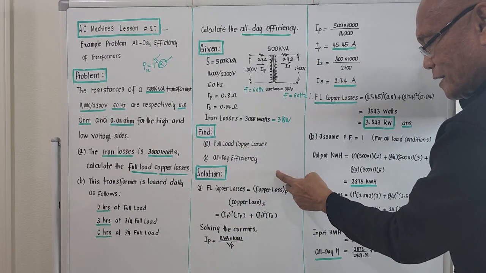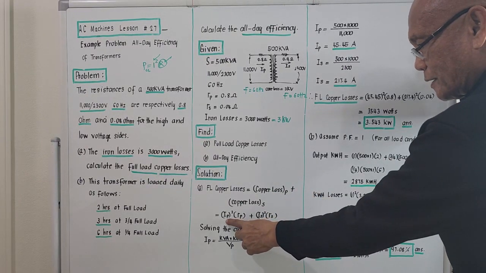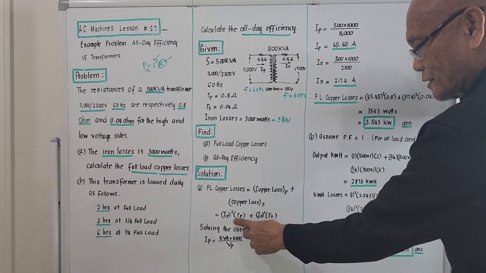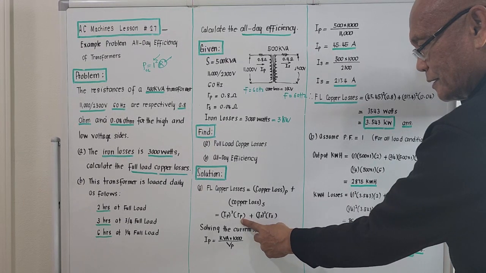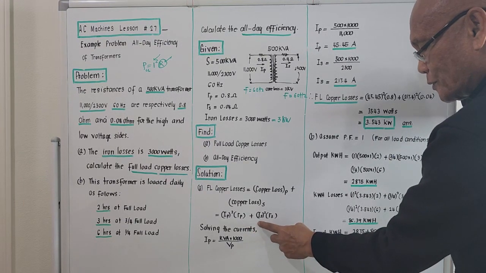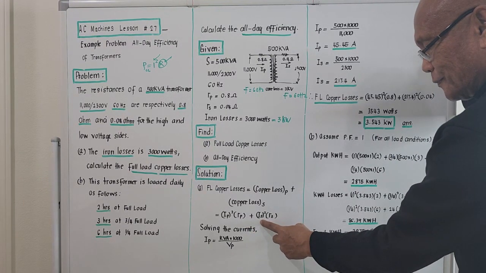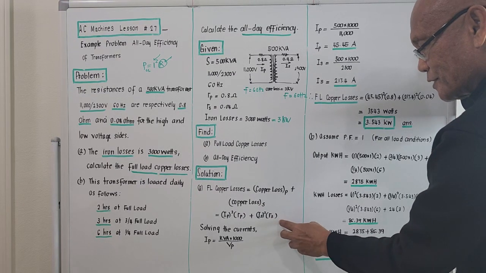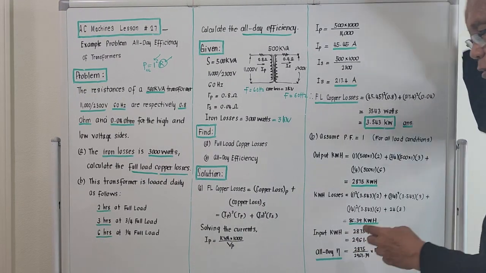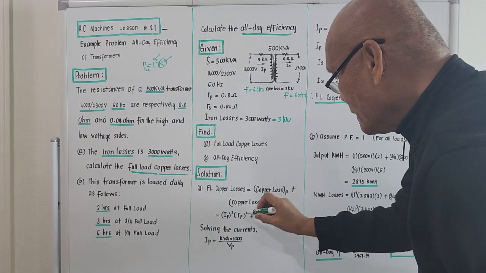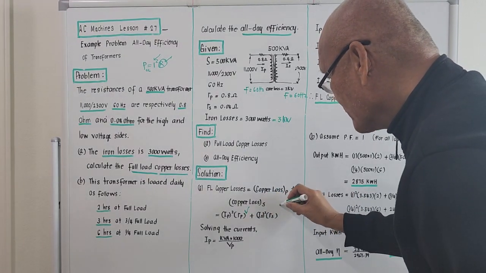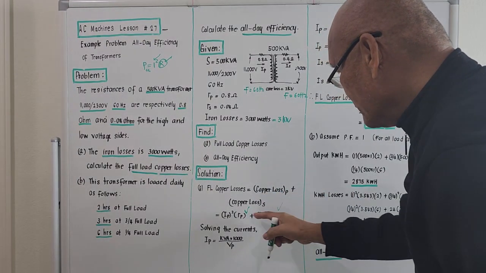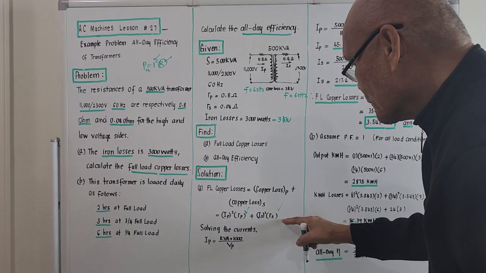On the primary side, it should be the square of the primary current times the resistance referred to the primary, plus the square of the secondary current times the resistance referred to the secondary. We are given R sub P and R sub S. They are 0.8 and 0.04.